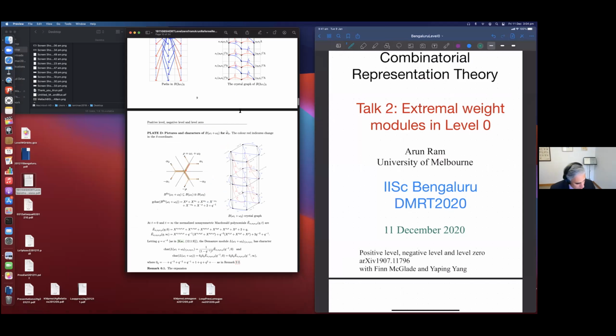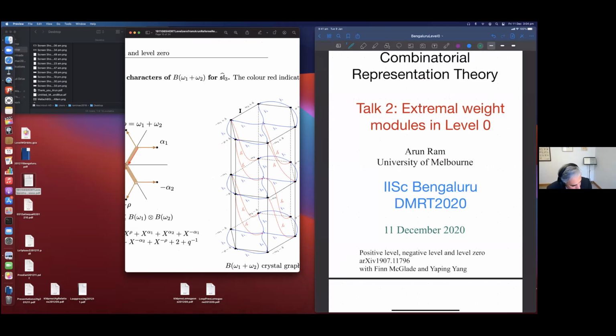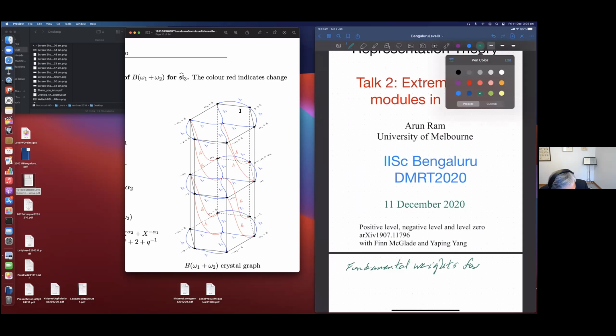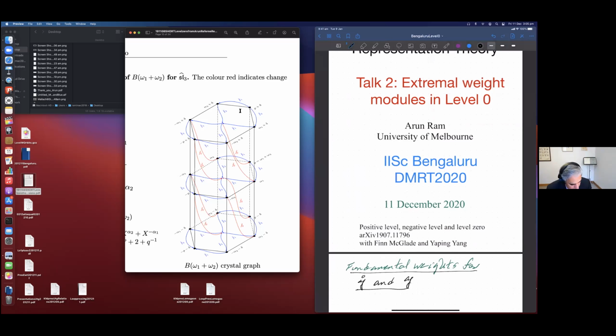Let's see if I can blow this up. Okay, so the story is, I need to introduce fundamental weights for 2 Lie algebras. For G0, which I use Kac's notation for, G0 is finite dimensional, and then G is the corresponding affine Lie algebra.